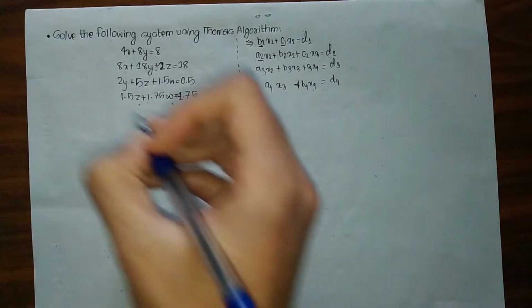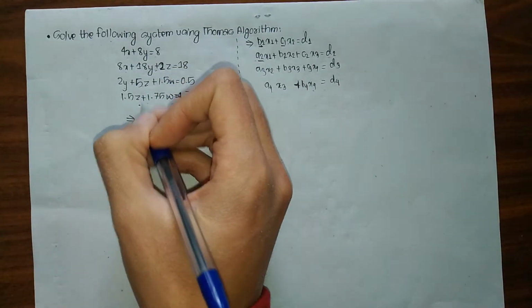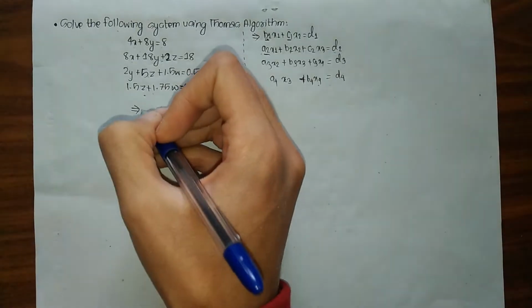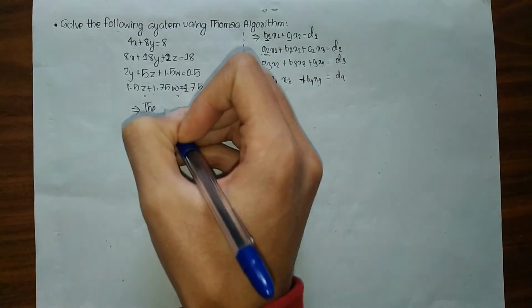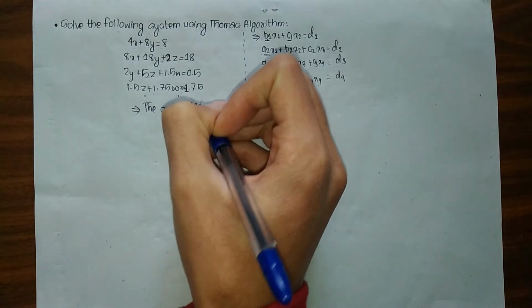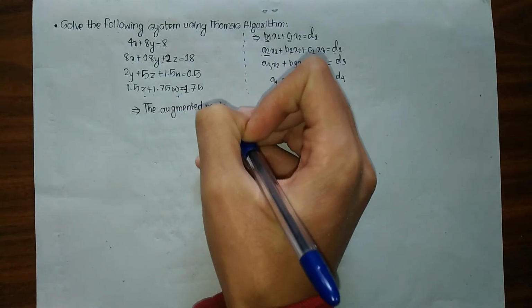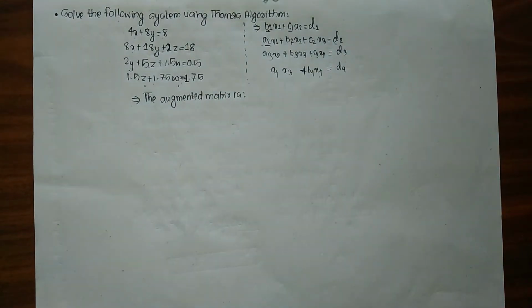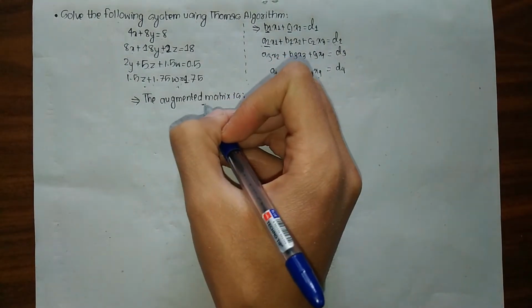Now firstly, before solving this, we'll write this in the form of an augmented matrix. So let me just write it over here. Now we'll write this in the form of an augmented matrix.